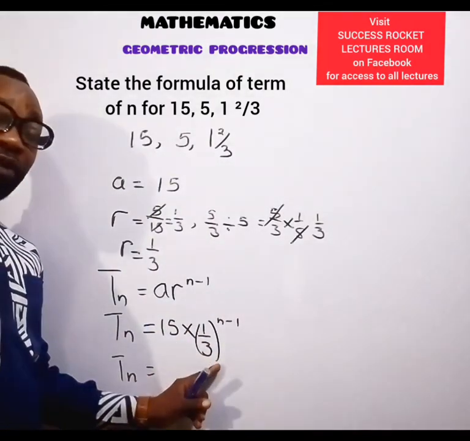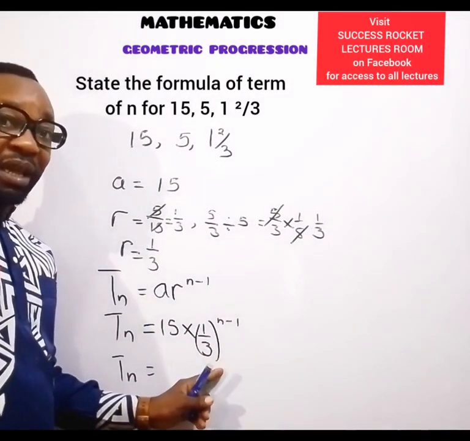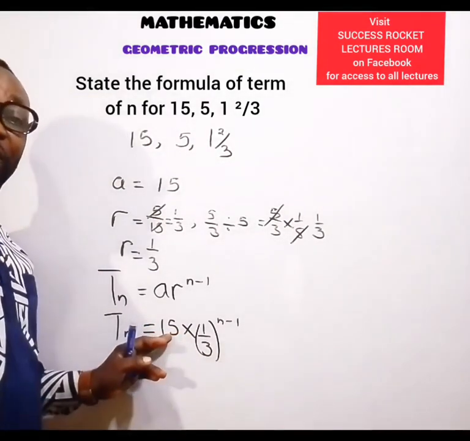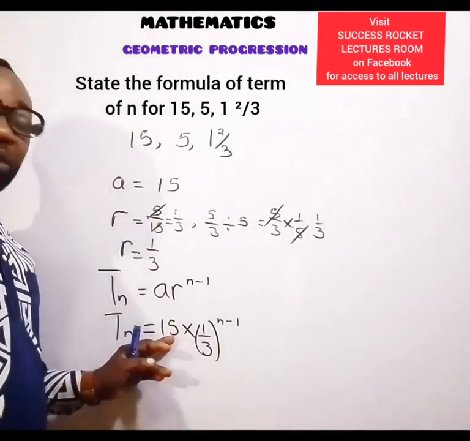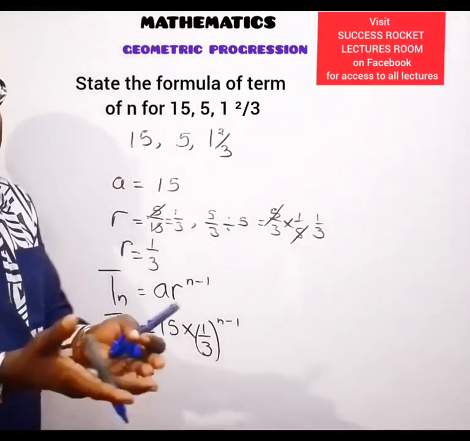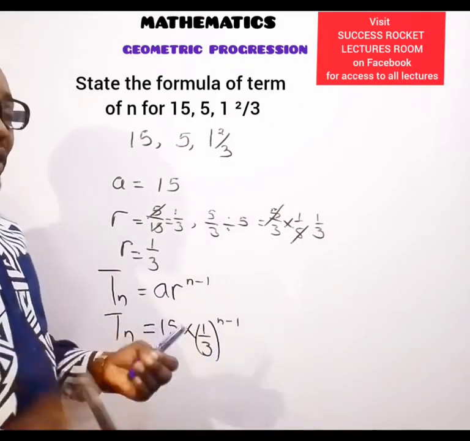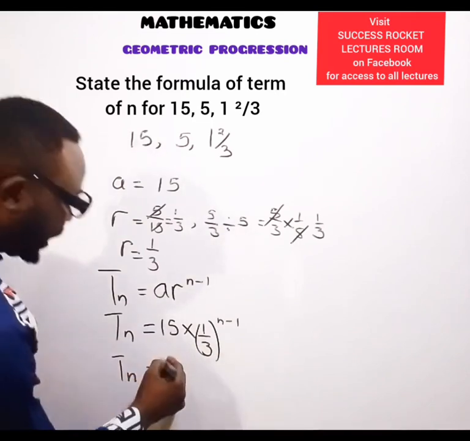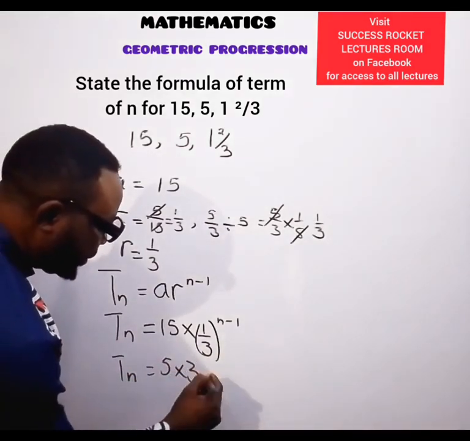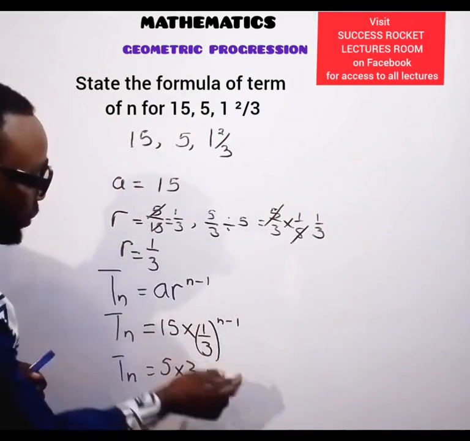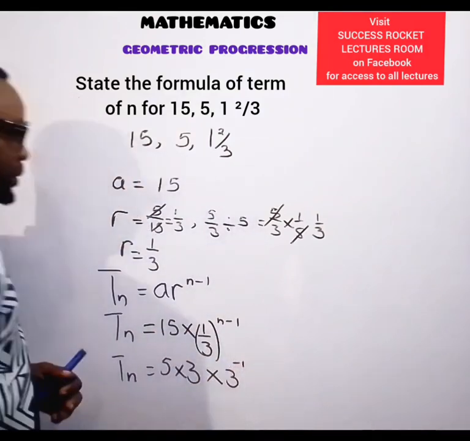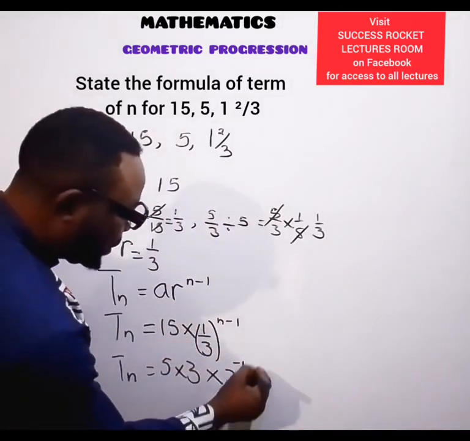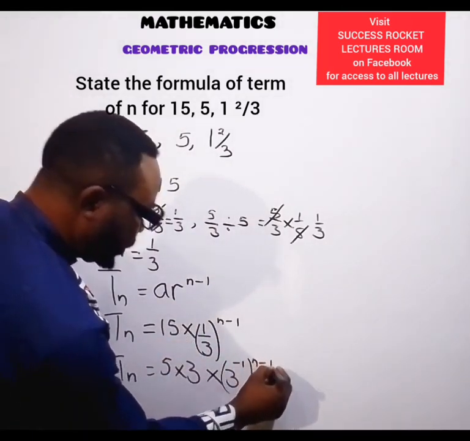Now, with this, we can see that we have to look for a value that will be similar to the value at this denominator, which means we must convert this 15 to a value that will be equal to 3 times a particular value. So I think it will be 3 multiplied by 5. You can now say 5 multiplied by 3 multiplied by, this one will become 3 raised to the power of minus 1, because this is the reciprocal of 3, into bracket of n minus 1.